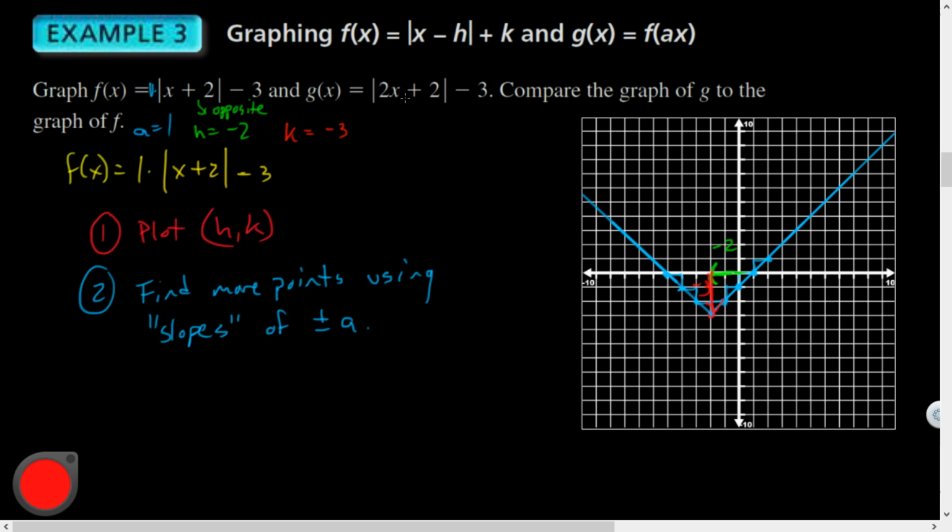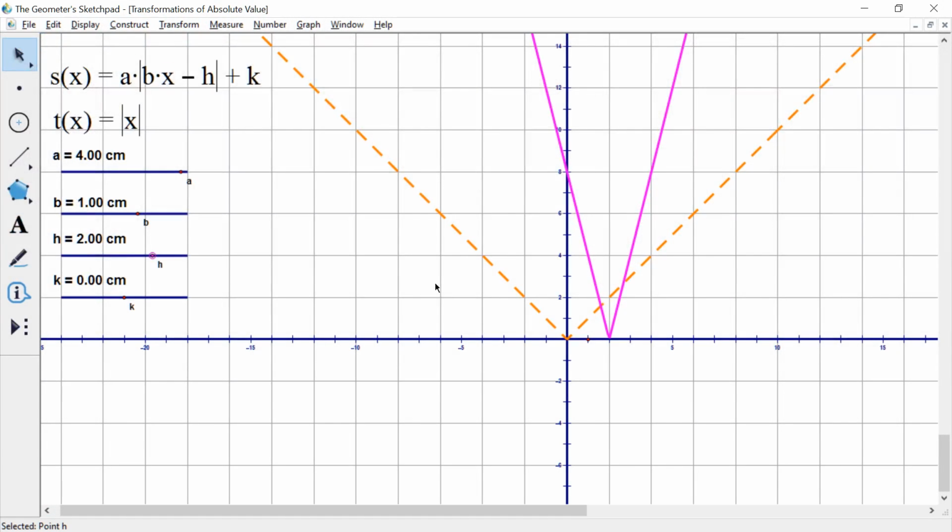Now let's see. If I have a number in front of the x in terms of transformations, that's the only difference between these two. We're expecting that to be a horizontal smoosh. We talked about that before.